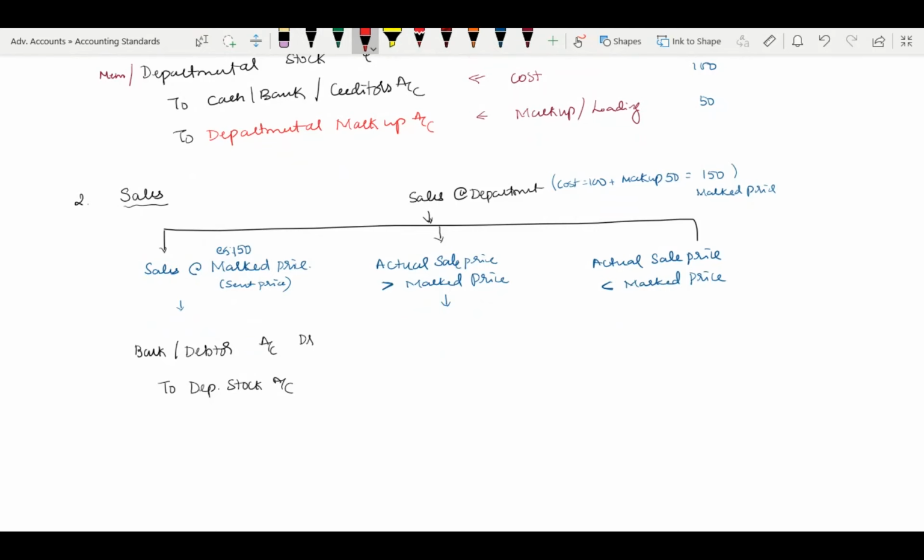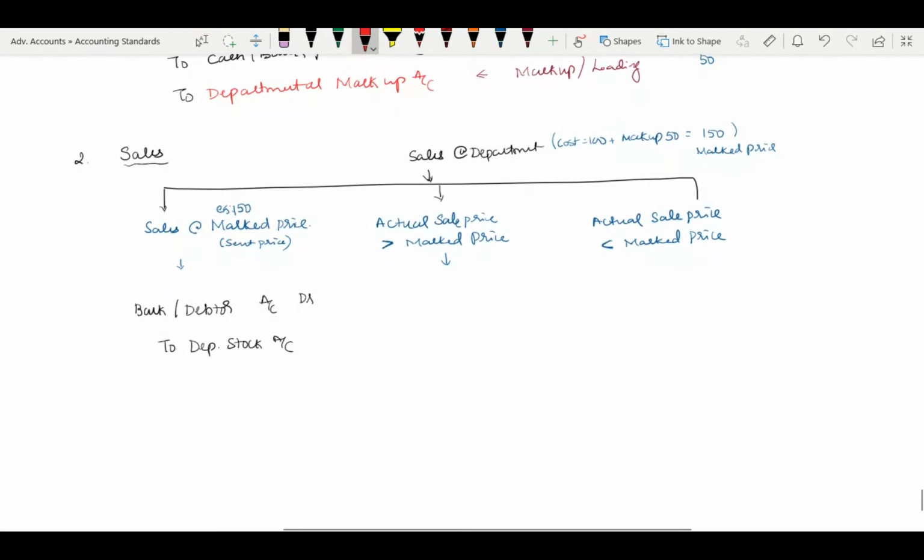This is usually at market price. Therefore, there is no profit or loss to be recognized additionally, because to this extent, profit we have already taken to the departmental markup account. So therefore, no plus or minus. So in the example here, 150 as it is.